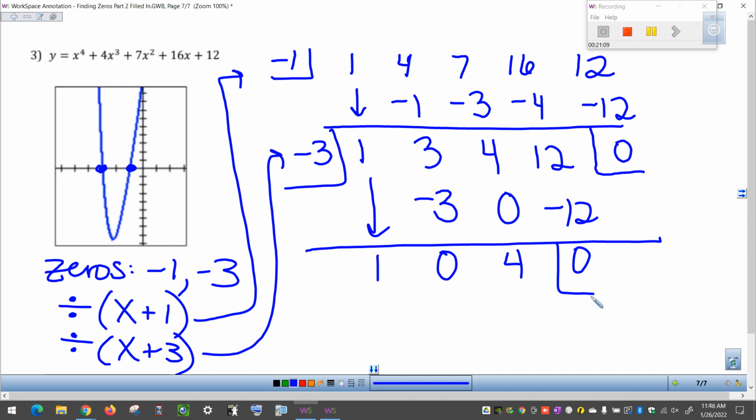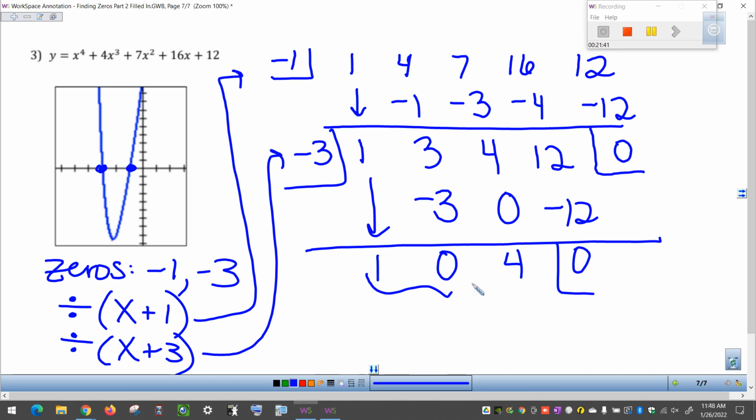So here's what I mean by the order doesn't matter. If you would have divided by x plus 3 first, and then take that answer and divide by x plus 1, the result right here at the bottom, it's going to be exactly the same. Now let's think about the degree of this down here. What we just had previously was x to the 3rd. So when we divided that again, now it's going to make it something that's x squared.